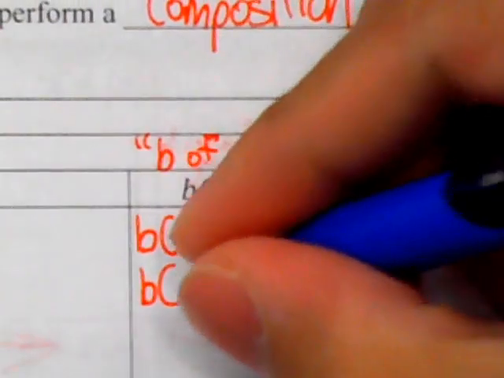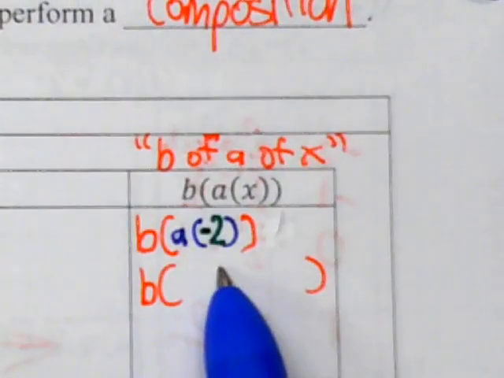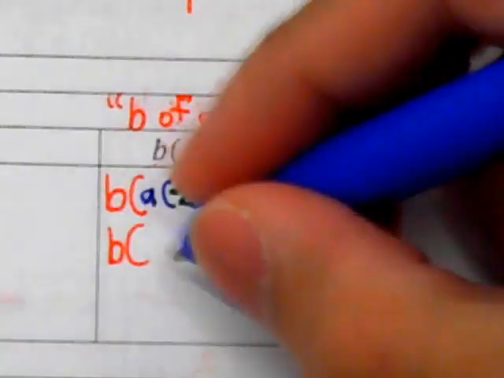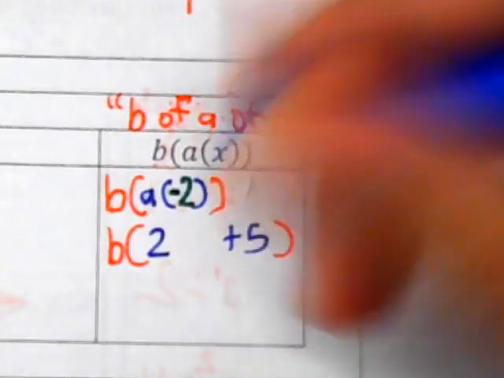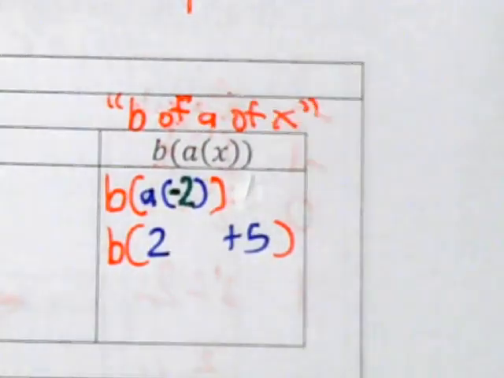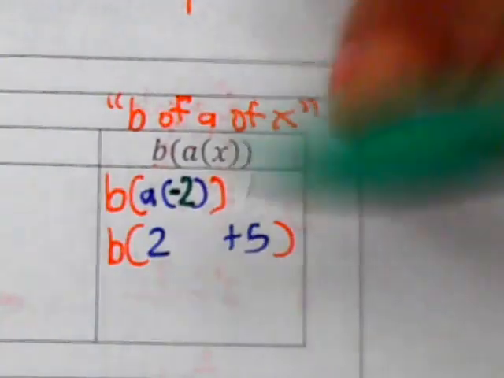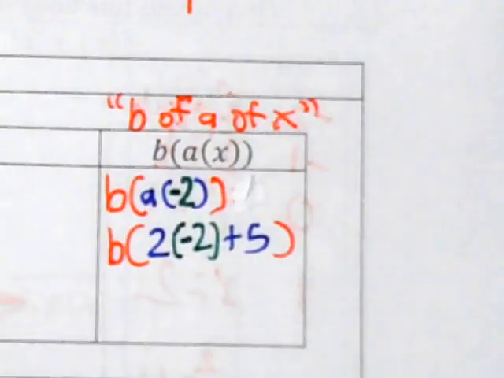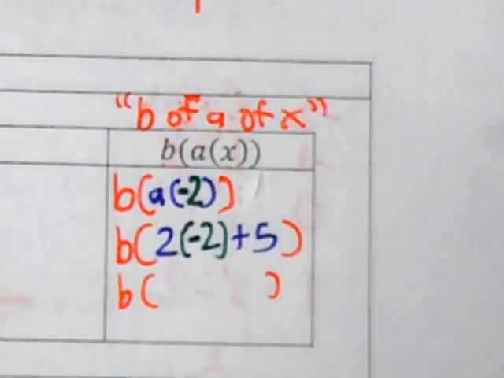So keep the 2, keep the plus 5, but 2x becomes 2 times negative 2. 2 times negative 2 is negative 4, plus 5 would be positive 1. So the inner part simplifies to 1.